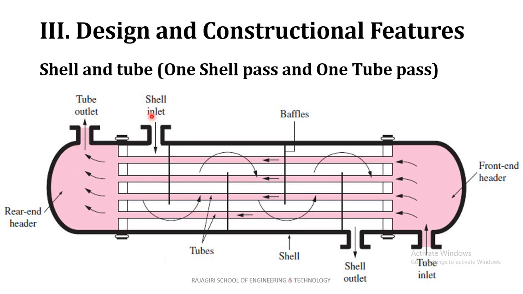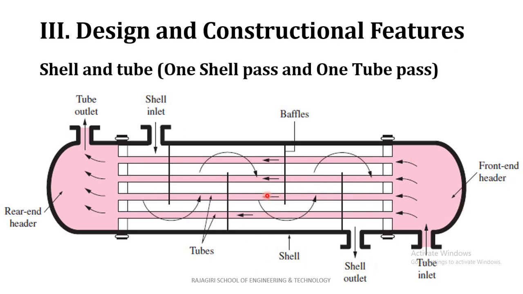And you can see on shell side the other fluid enters on this side and passes in the opposite direction. So this is a counter flow heat exchanger. Both fluids are moving in the opposite direction.